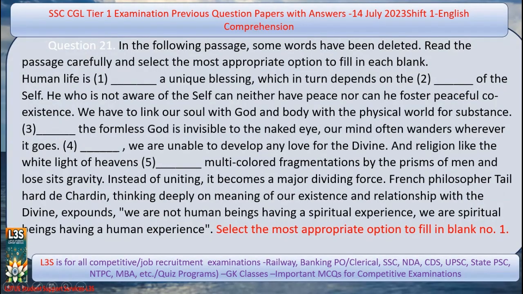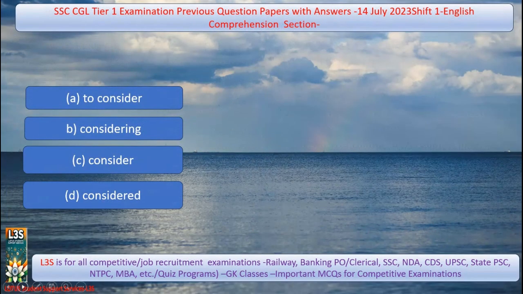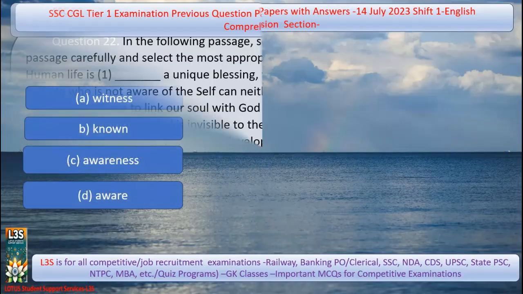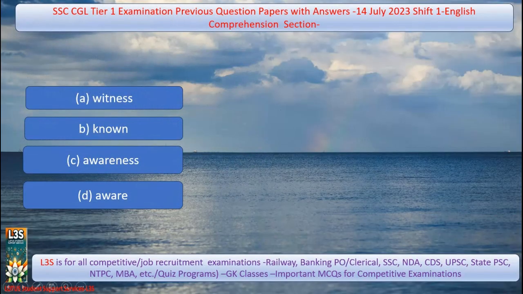Okay, then next question: which in turn depends on the dash of the existence, dash of the self. Human life is considered a unique blessing, which in turn depends on the dash of the self. Let's see the next question. Options are A. Witness, B. Known, C. Awareness, D. Aware.